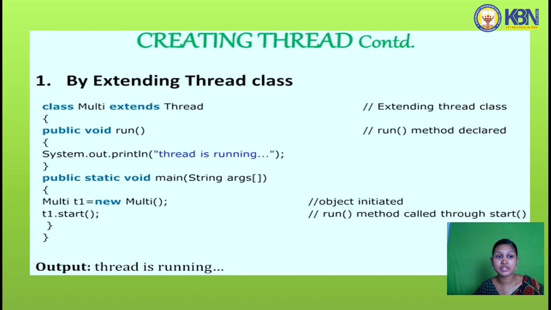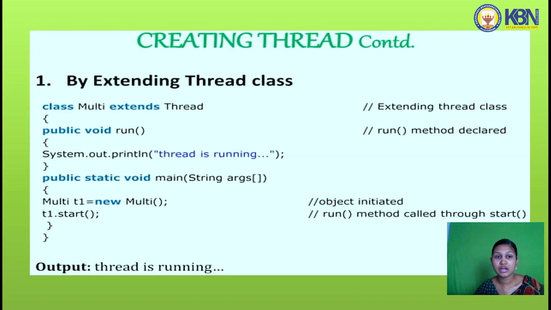Now I am creating a thread, that's why I am using the run method. In the run method I print that the thread is running. Finally, coming to the main block, the child class will create an object: Multi is the class, t1 is the object, and the new keyword creates the object. Next, the Multi object's call goes to the run method through t1.start.